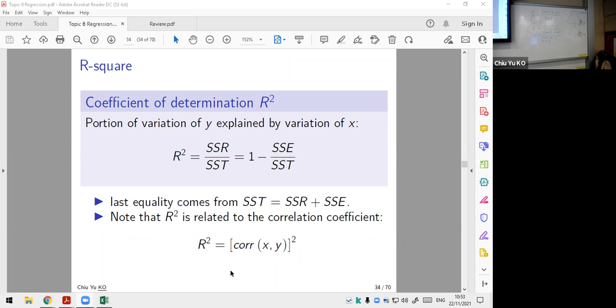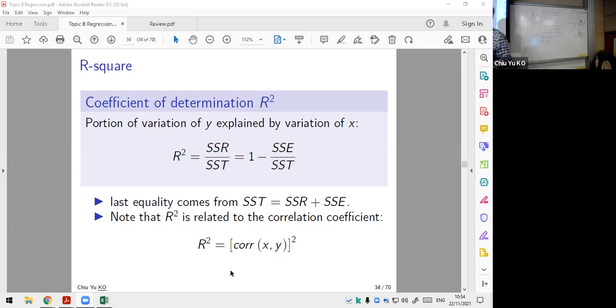It turns out, very interestingly, that this one squared is exactly this fraction. So let me repeat. The correlation coefficient, you take square, is exactly this fraction. Because this fraction is between 0 and 1, and R is between -1 and 1.